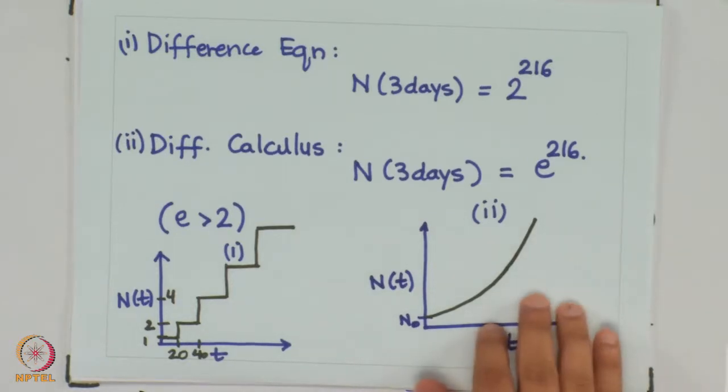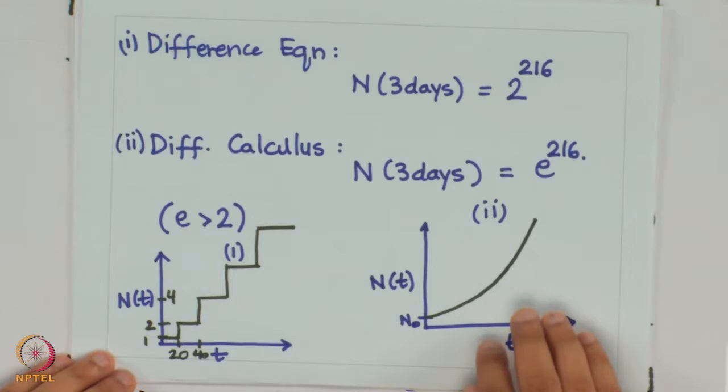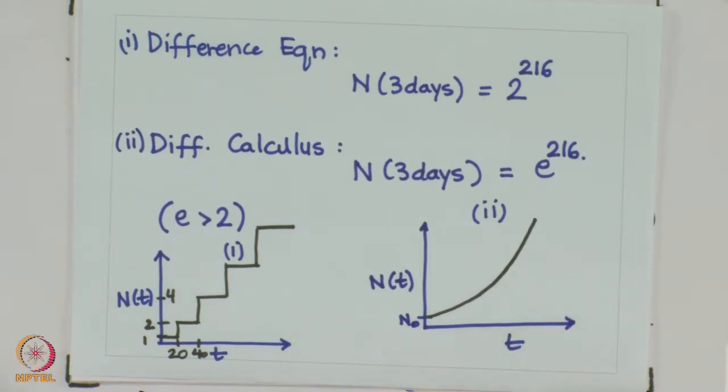And the reason this solution is not discrete as compared to the difference equation is because in the differential calculus formulation, there is an implicit assumption that the division time for bacteria is not exactly 20 minutes. In fact, 20 minutes only represents the average division time for bacterial growth.